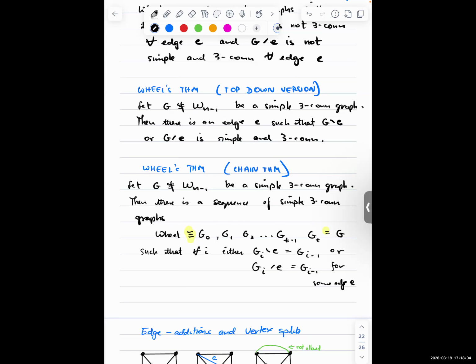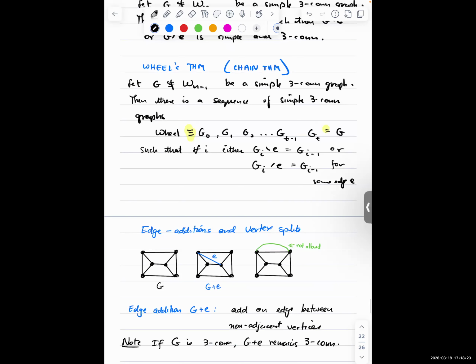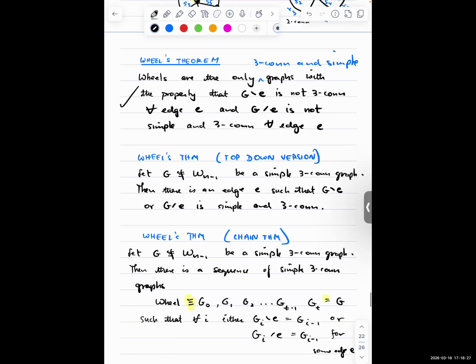Therefore, you can start with G and do these deletions and contractions, preserving 3-connectivity and simplicity, and get down to a wheel. Not saying which wheel, right? Get down to a wheel. That's top down. Both of these versions are the one we prove, and they're all the same.